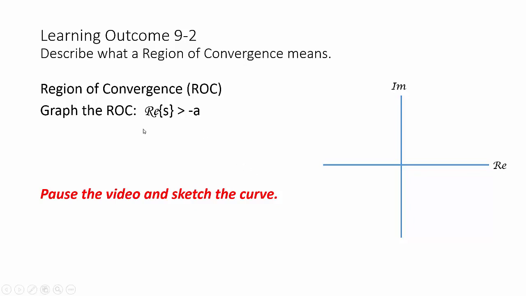Now that we know what our ROC is algebraically, what does it look like graphically? Here's the complex plane. s is a complex number in the plane. We want to consider the region. It's greater than, so it's not a line, it's a shaded area. The region in the space where the real part of s is greater than negative a. Please pause the video and sketch the curve.